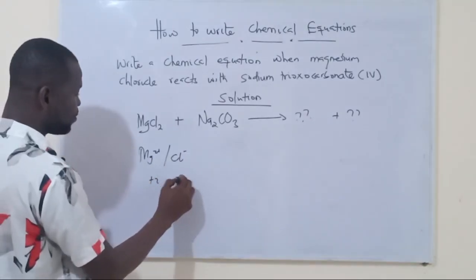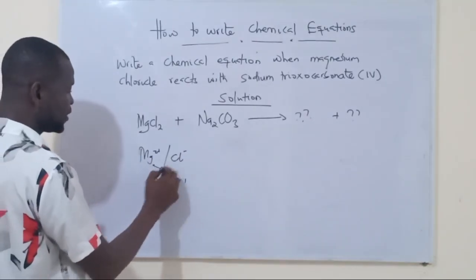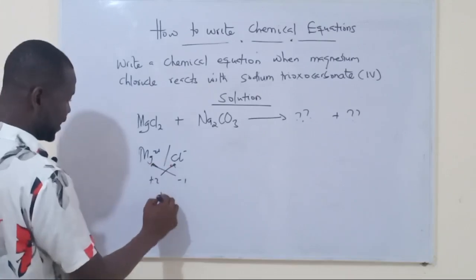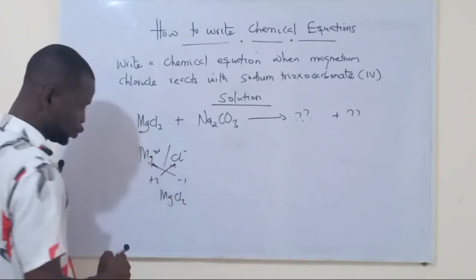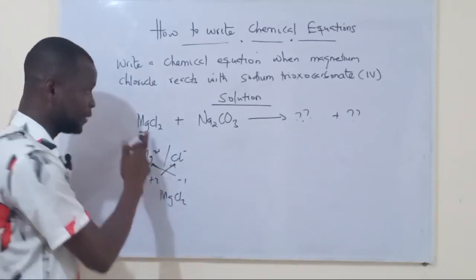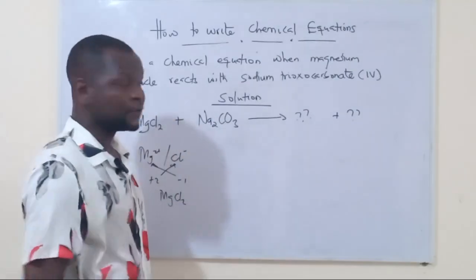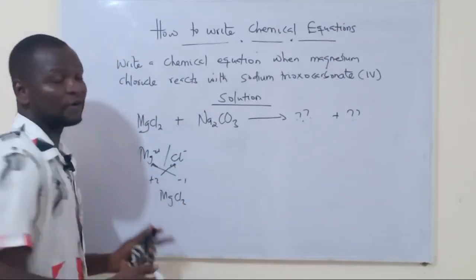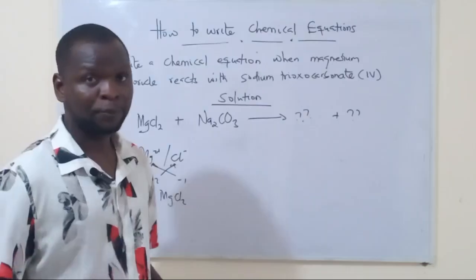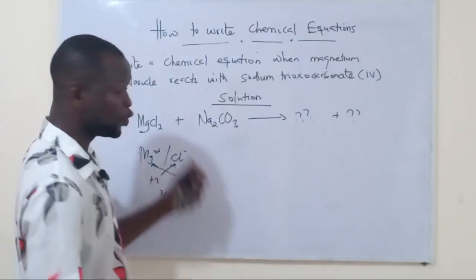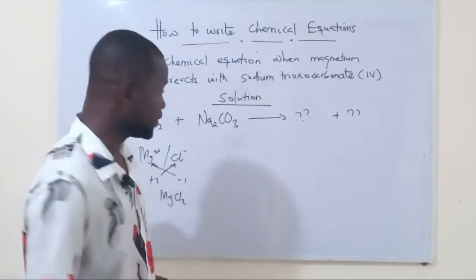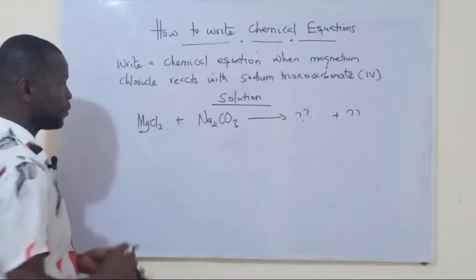So +2 -1, they interchange their oxidation state, and we had MgCl2. So that was how this one was acquired. The same thing applies to this. So this is the knowledge acquired from writing chemical formula. So in case you missed out on that video, you can search for the video and watch it. That is how we got these compounds.